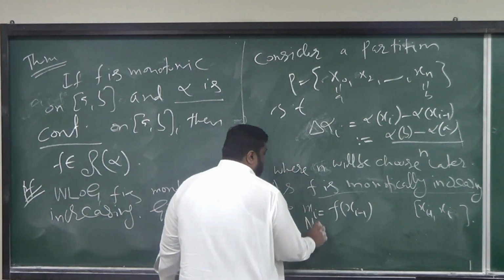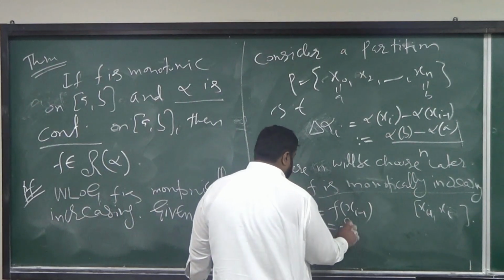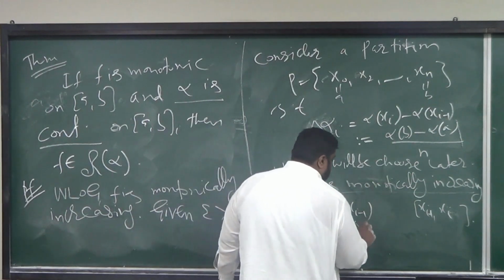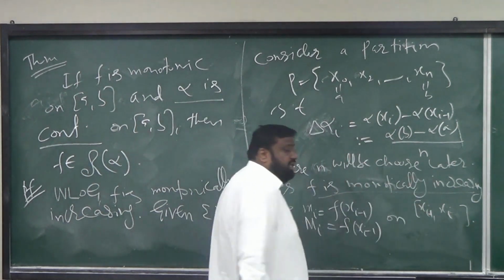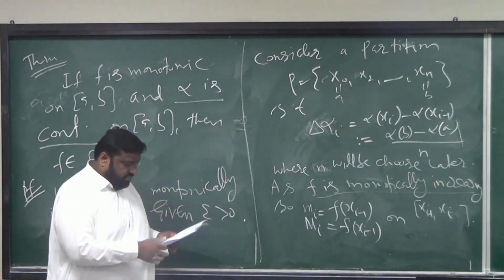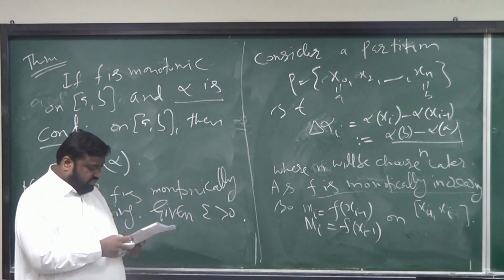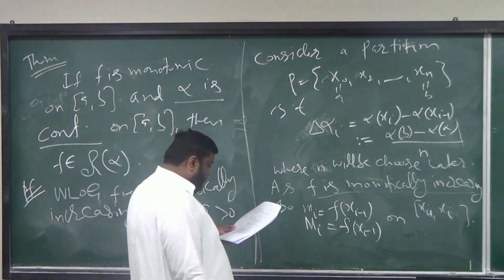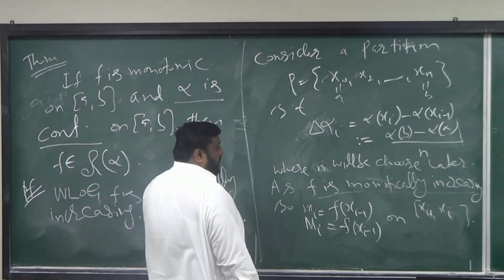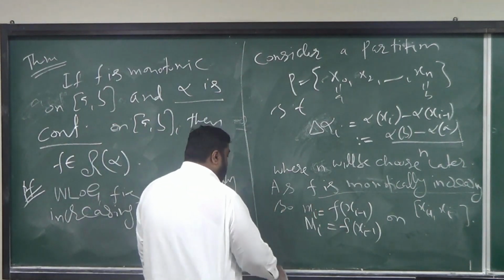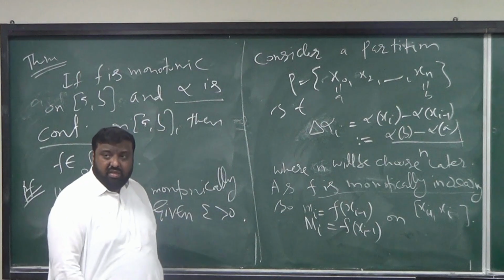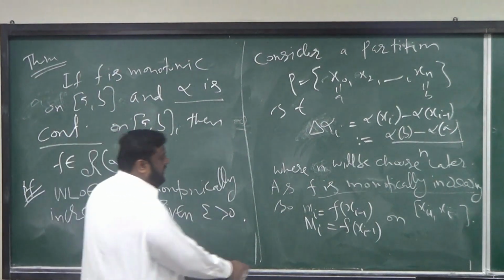Otherwise, capital Mi is f of xi on each of these. So this is also fixed. It's not a variable.